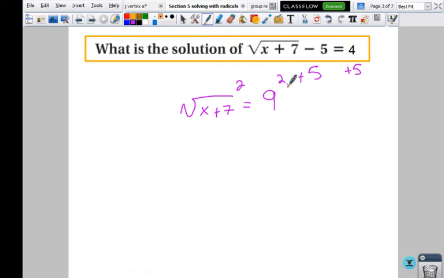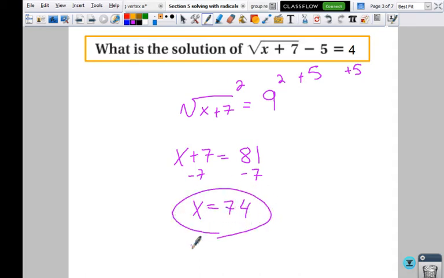Let me close the door because it's loud. Alright, so we are gonna square it. We're gonna get x plus 7 equals 81. And our last step? Yep, minus 7. And we're gonna get x equals 74. Not bad.